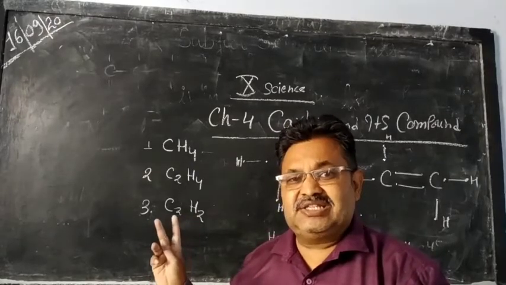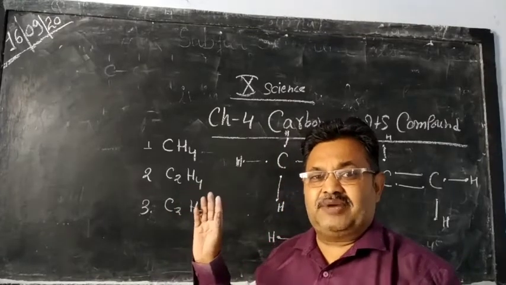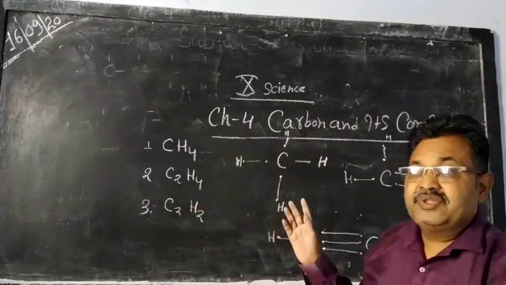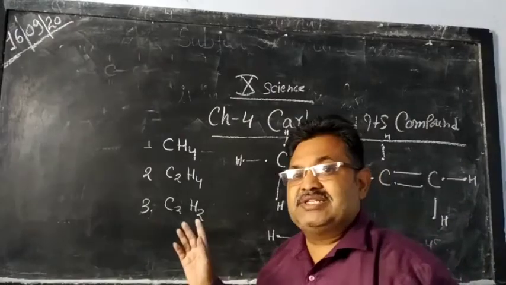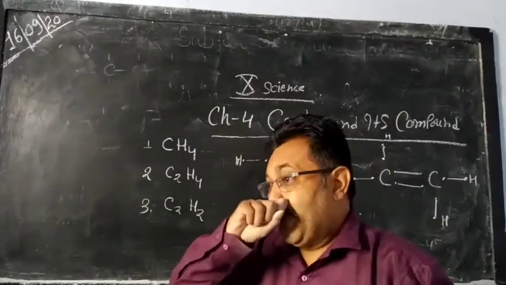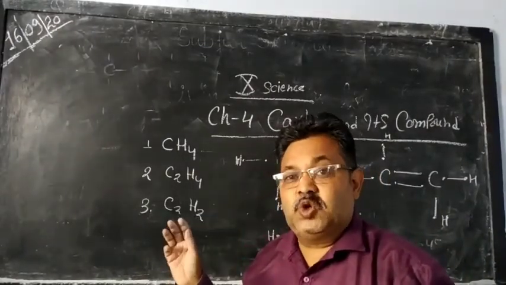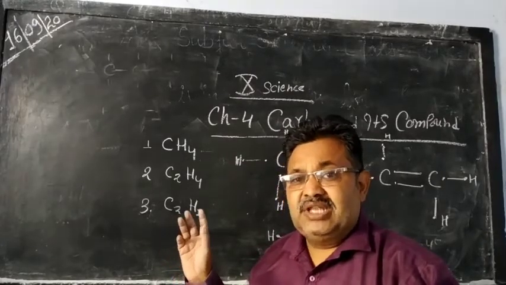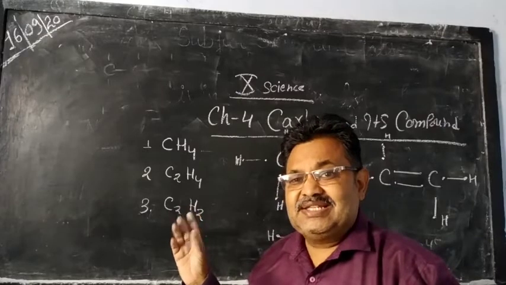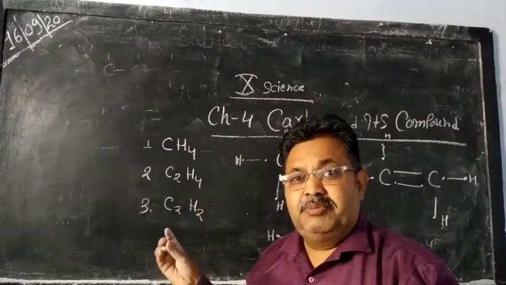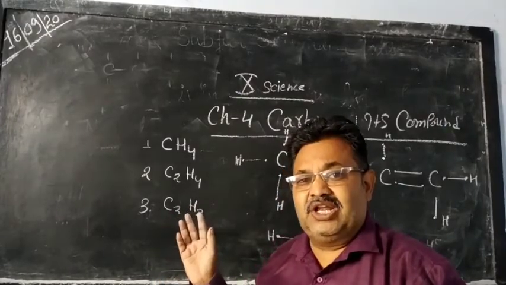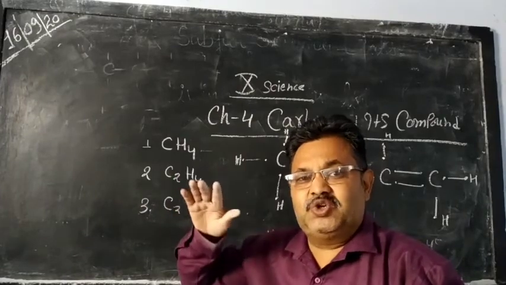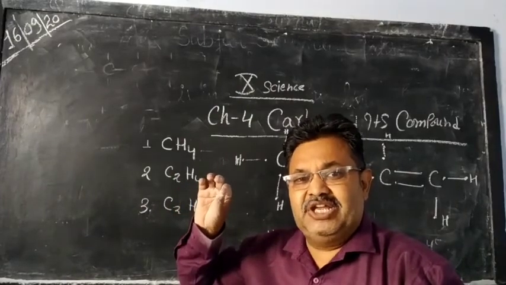Now the second allotrope of carbon is graphite. In graphite, carbon is sp2 hybridized. There is a free electron, so it is a good conductor of electricity. Now graphite is slippery in nature because its hexagonal rings slip over one another.